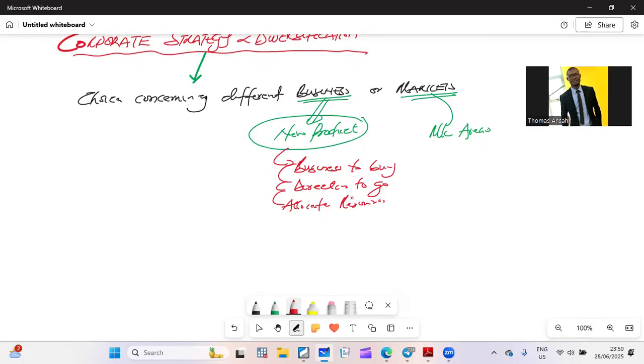So the scope of an organization is very central to its strategy. You remember, when we talk about the scope, we are talking about how diversified an organization is.